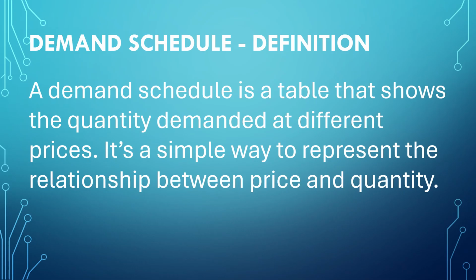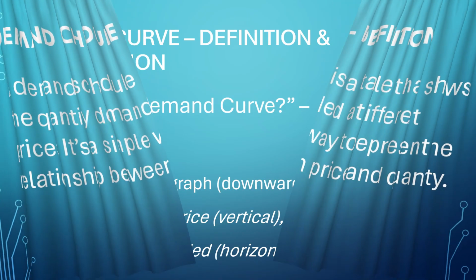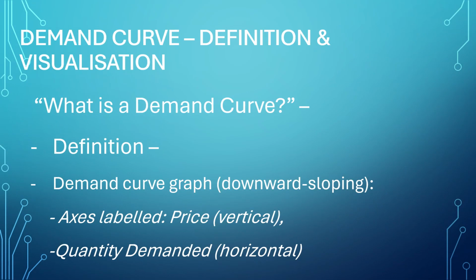A demand schedule is useful because it shows exact numbers, but sometimes we want to see the relationship visually. That's where the demand curve comes in. So with the demand curve, we are going to see the definition and visualization of it.